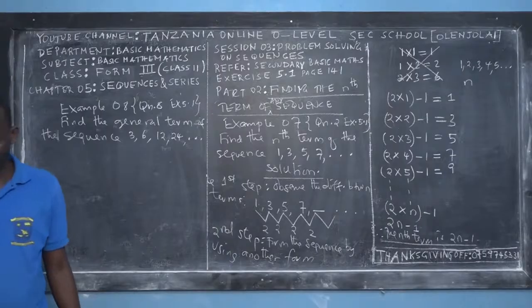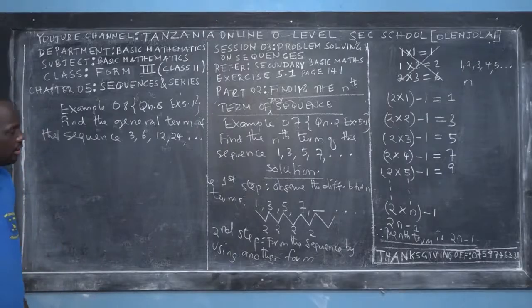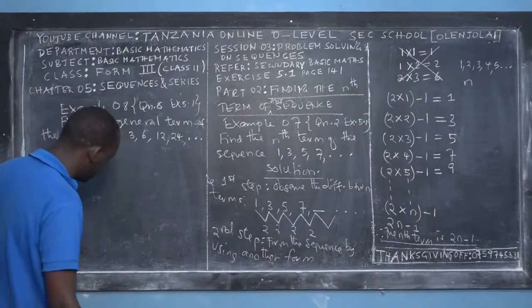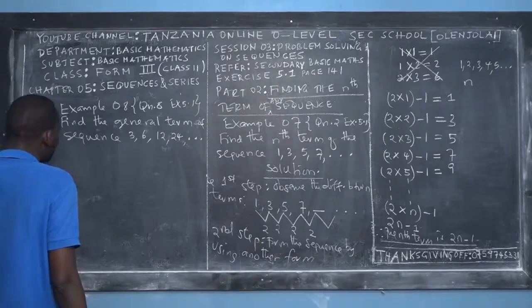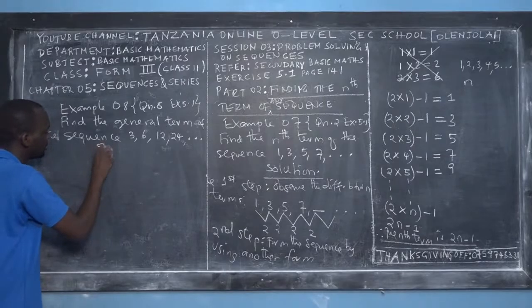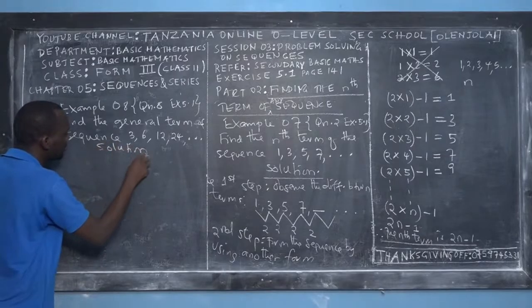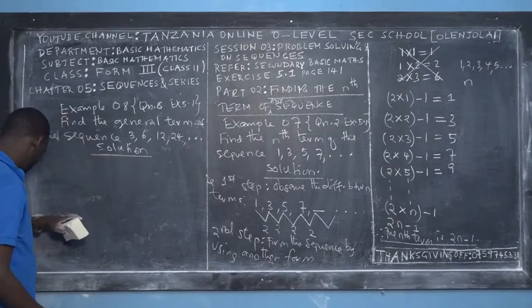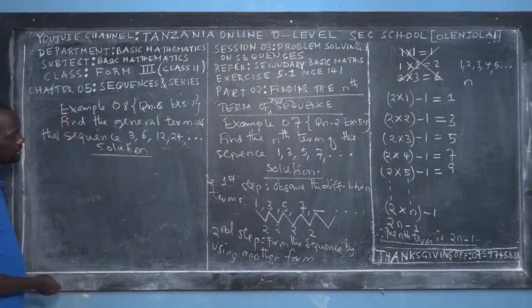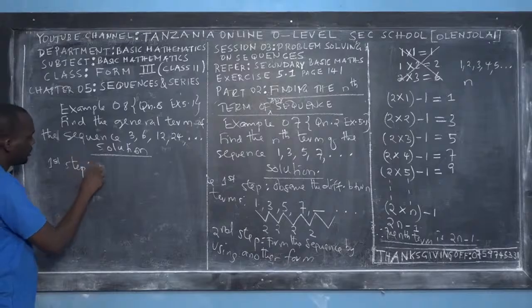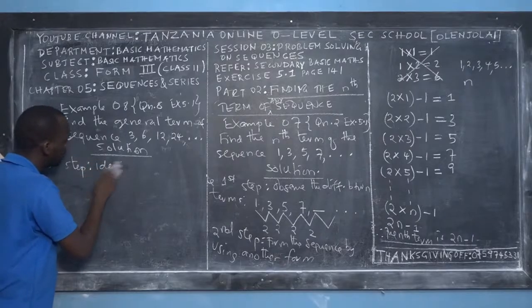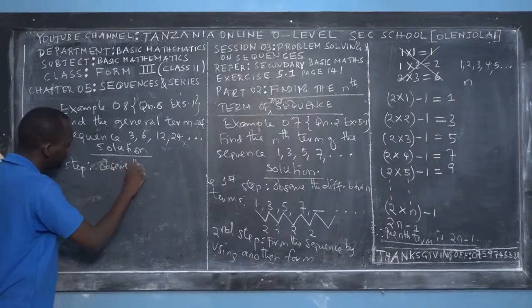So if you examine the given sequence, if you observe the difference between the terms, then you can find something. So solution. First step, we say observe the difference.